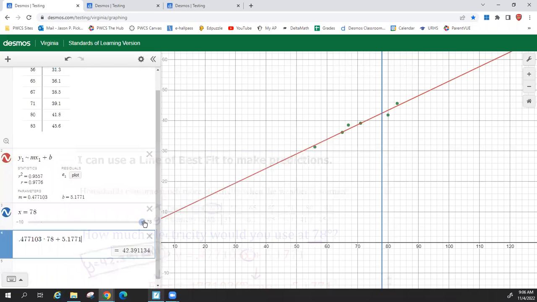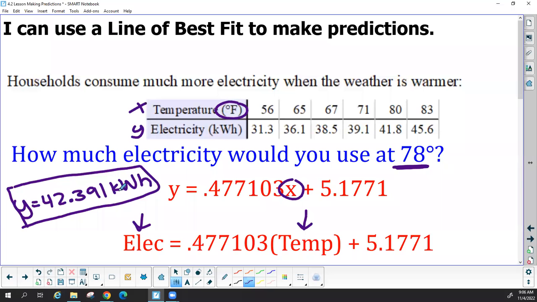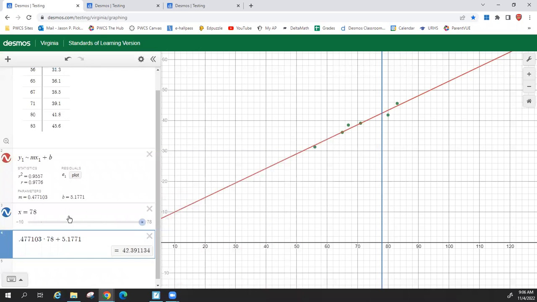We get a little bit longer of a decimal, but that's okay. We get the same answer. You could choose whichever way you like best. You could type this into Desmos and plug in the X value you like, or you could graph a vertical line for our X value, find the place where they intersect, and that Y value is going to give you our prediction.